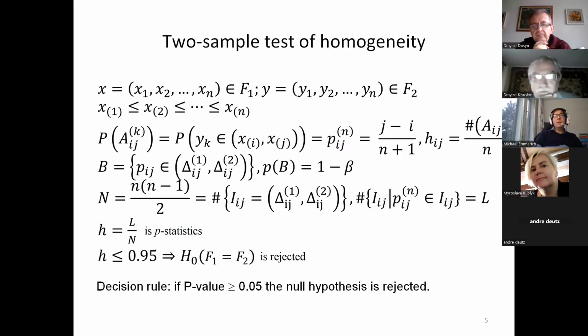If you see this screen, note that this sample is divided into subsamples, where from n elements we construct n multiplied by n minus 1 divided by 2 samples. So the number of events is on the order of n squared.